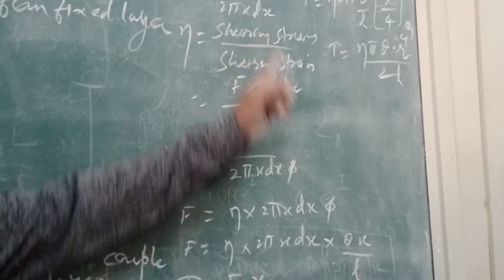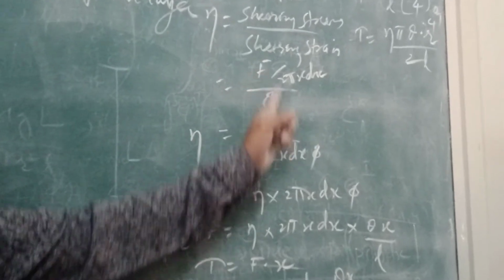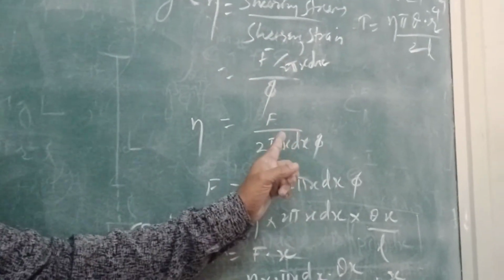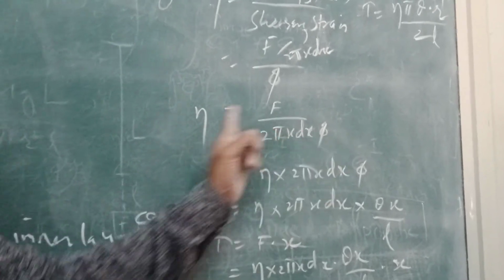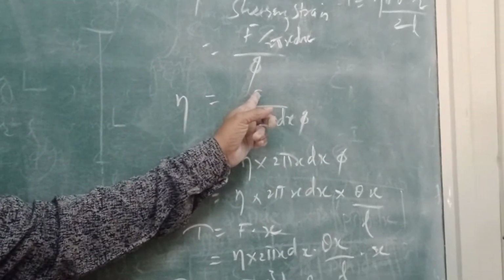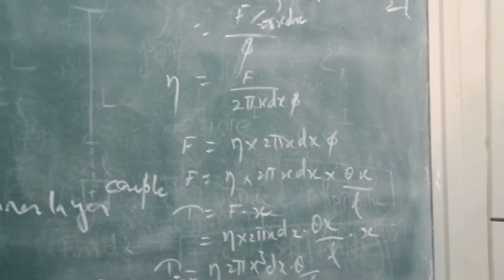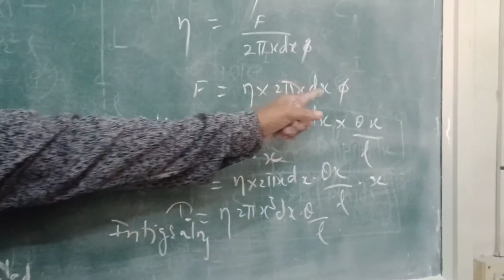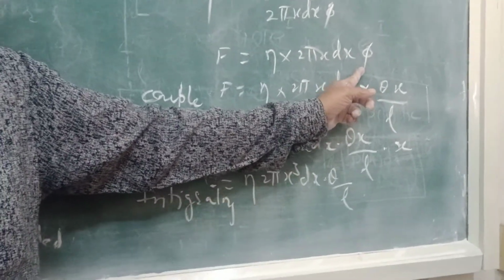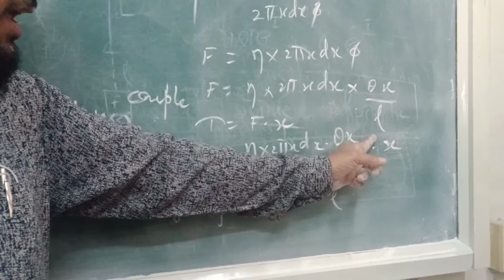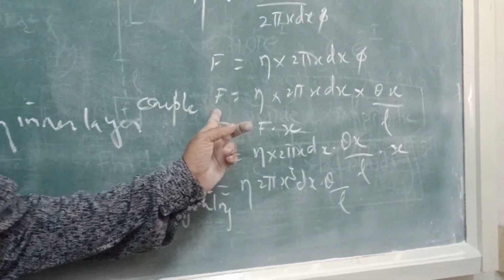Shearing stress is F upon the area 2 pi x dx, and the shearing strain is phi. So I will write here F upon 2 pi x dx into phi as eta. From here F is equal to eta into 2 pi x dx into phi. This is the value of F. Now I will substitute the value of phi from the initial calculations as theta x by L. This is the force acting on the cylinder.